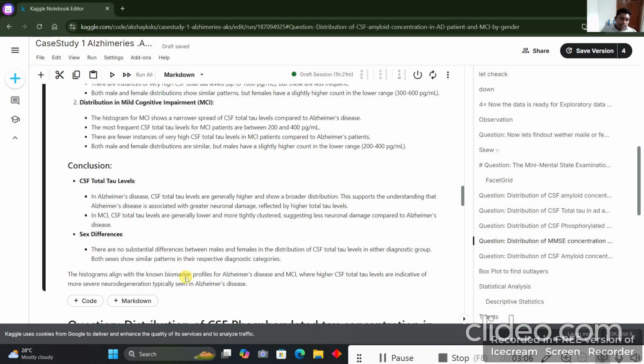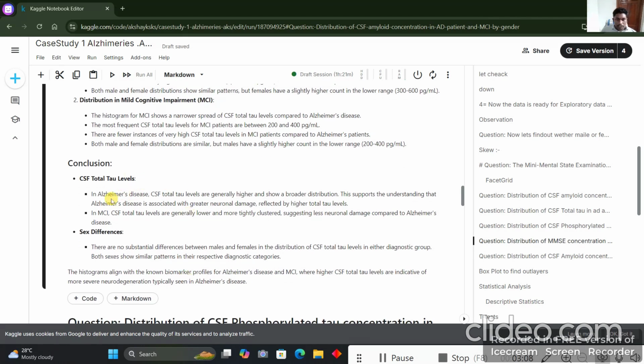And then the conclusion is CSF total TAU in Alzheimer's disease. Sex difference: there is not a substantial difference between males and females in the distribution of CSF level in either diagnosis group.